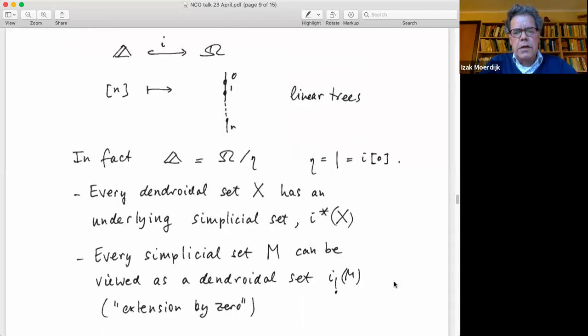If you look at this picture, the notions of inner and outer face and degeneracy, for omega, correspond exactly to the traditional ones for delta.